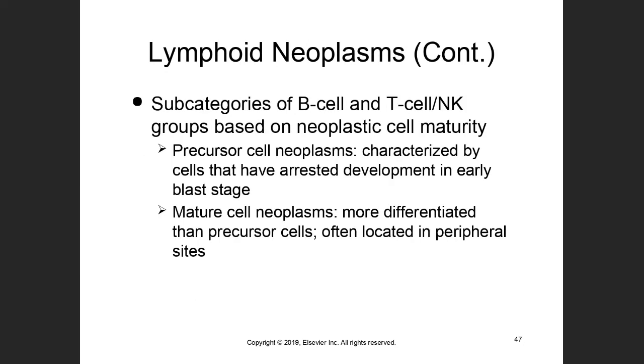Now we have the subcategories of B cell and T cell natural killer group. Precursor cell neoplasms are characterized by cells that have arrested development in an early stage. Mature cell neoplasms are more differentiated than precursor cells.